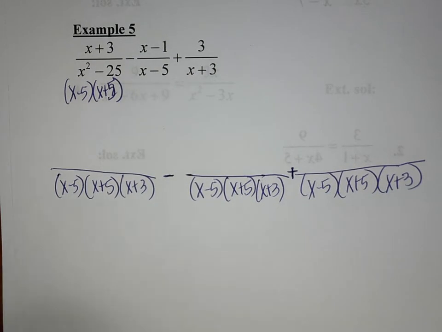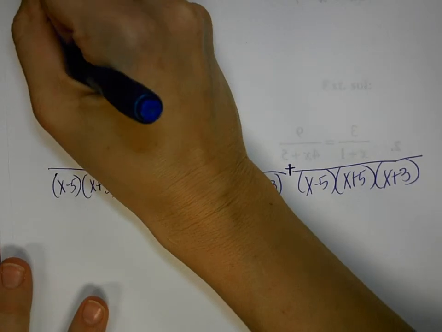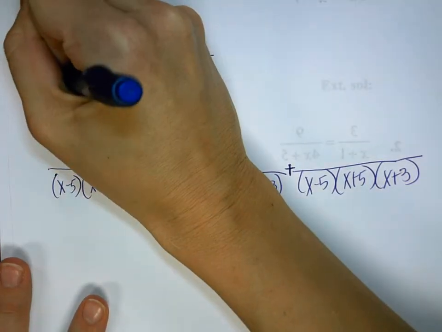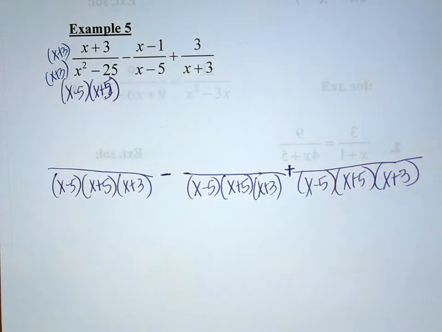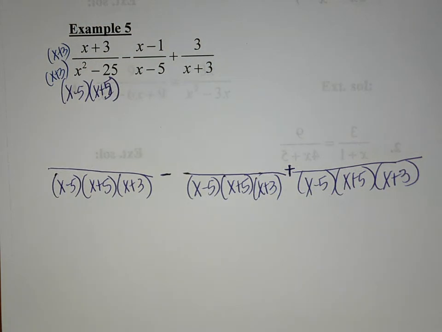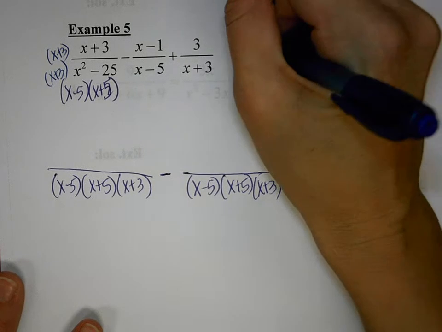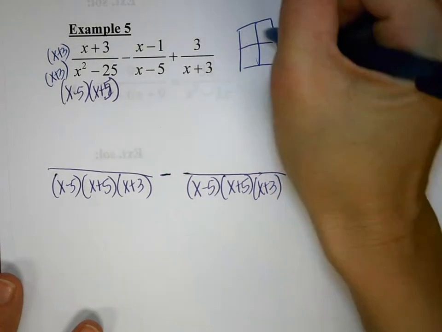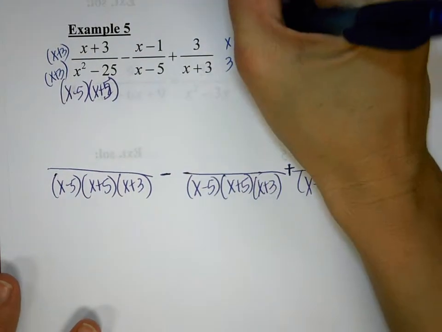What am I missing on the first one? X plus 3. So I have to multiply the top and the bottom by x plus 3. Okay? So when I multiply x plus 3 times x plus 3, what should I do? Okay, go ahead and make a box. So I have x and 3 and x and 3.